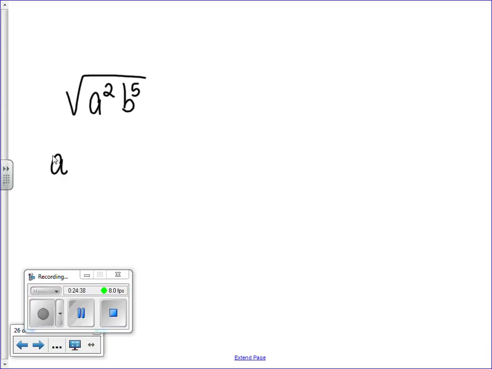B squared. It has to have bars, right? Even, odd. If it's odd, then you do the... Oh, one's odd, 2 even numbers. Alright, what about b to the 5th? What's out? B squared. What's in? B.